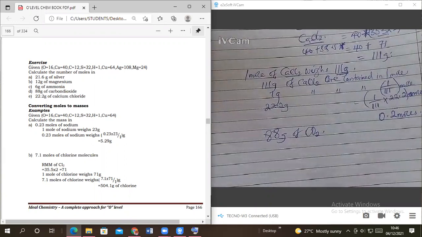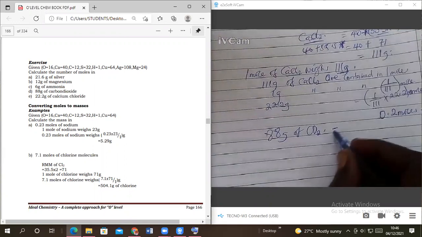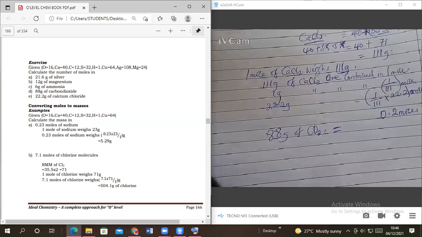How many moles are there in 88 grams of carbon dioxide?